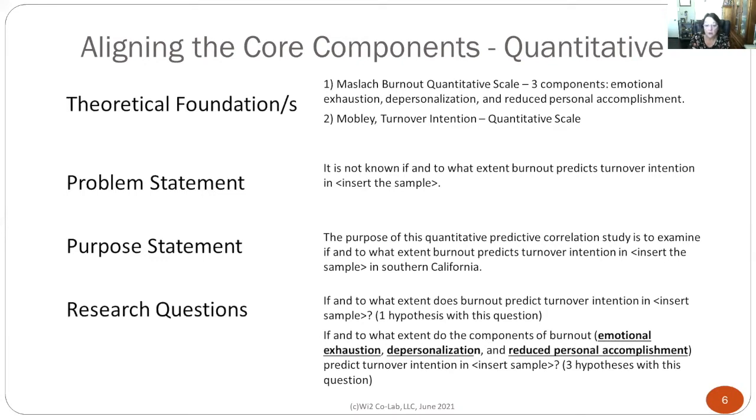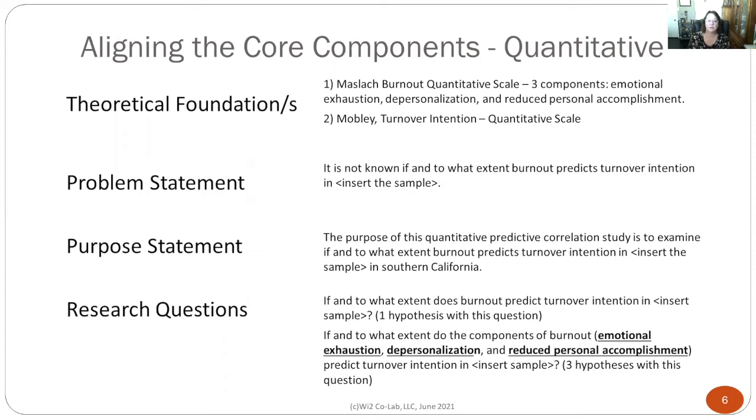All right, so if and to what extent is your first question, or you can start with to what extent, either one, does burnout predict turnover intention in our sample? Now, you'll see in subsequent slides where it's going to be really important for you to know your instruments. You have to take your instruments.